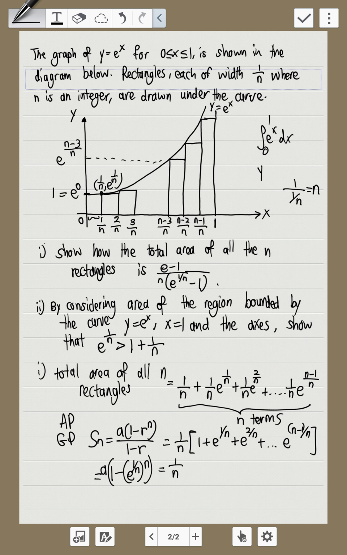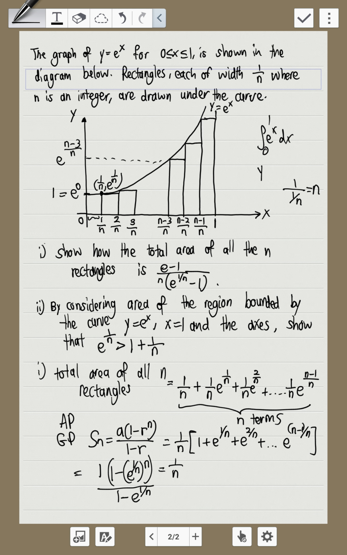So what is my first term? My first term in this series is 1, and a is the first term in the formula, so I multiply by 1. So I have 1 minus e to the power of 1 over n, again my r.